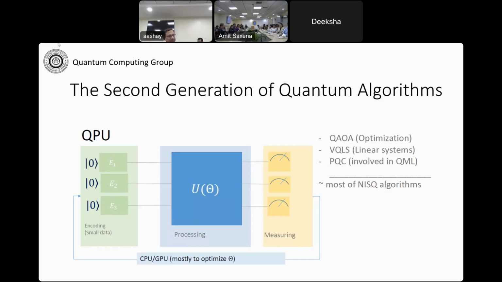Here we are learning something, meaning we are actually trying to adjust my distribution to the distribution which is given in my knowledge abstraction. Okay, so these are the circuits which are QAOA, VQLS, PQC. All these circuits are fundamentally U theta circuits. Okay, so the parameters theta are for the single qubit rotation operations and the coupling operations.